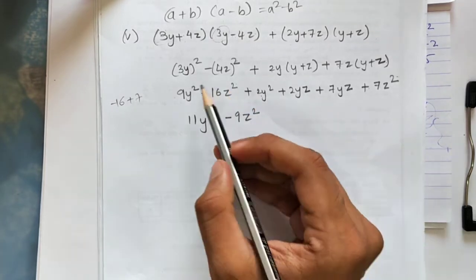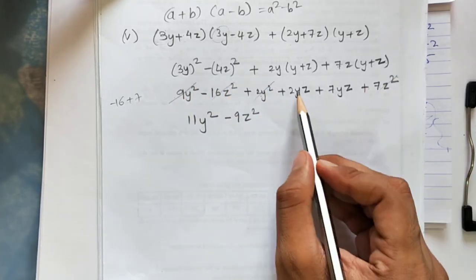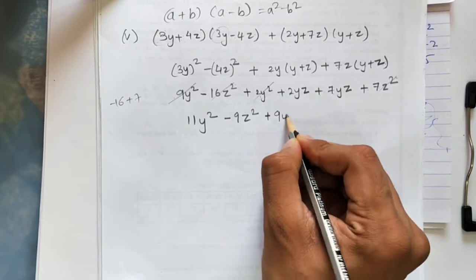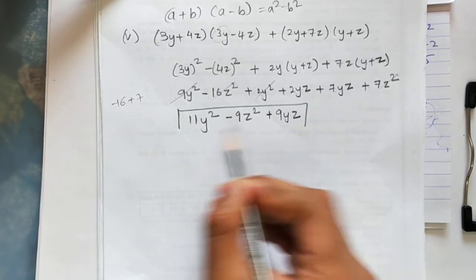Then these terms are done. Now 2yz plus 7yz is 2 plus 7, that is 9yz. This is the final answer.